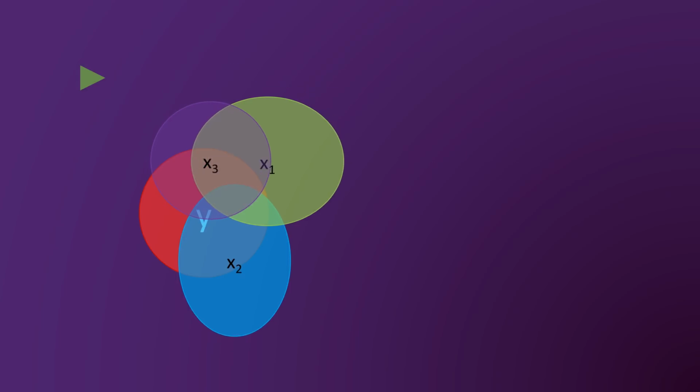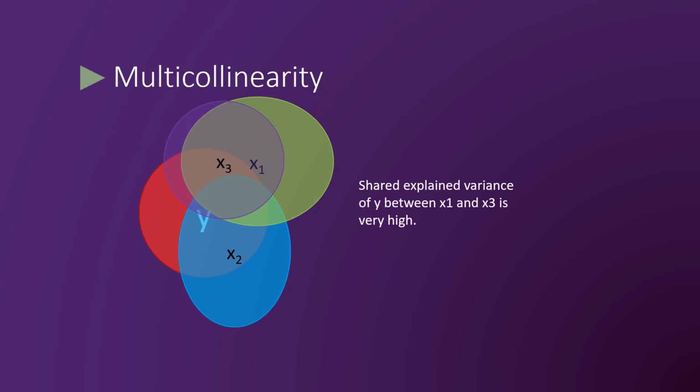However, this can become an issue if they overlap too much. So for example, if the sector that people work in correlates very, very strongly with their level of education, perhaps because we have a specific slice of the population, then this explained variance is overlapping quite a bit.